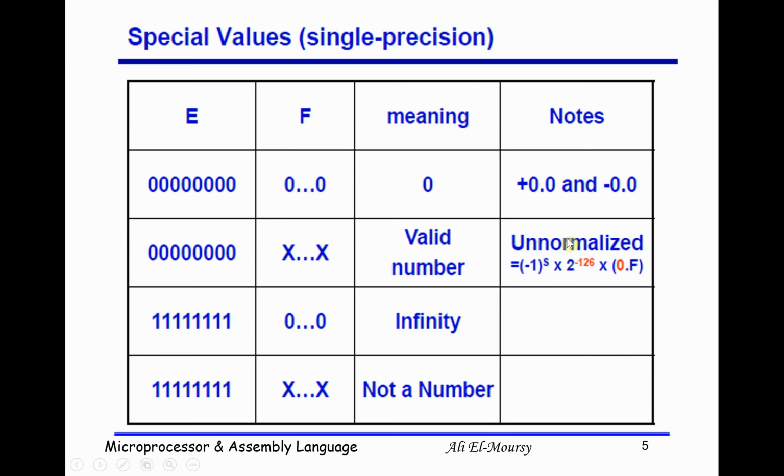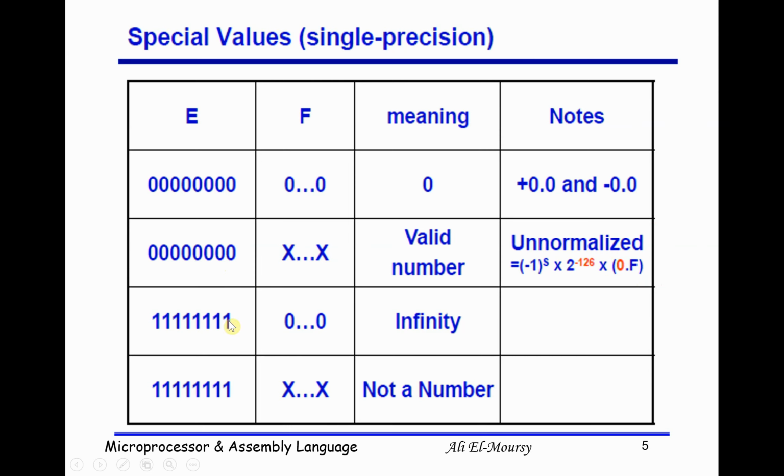So we call this range of values the unnormalized numbers. Unnormalized because there is no 1 added here, and the exponent value 0 we will not unbias by subtracting 127, but it is automatically minus 126. This is how they set the standard.